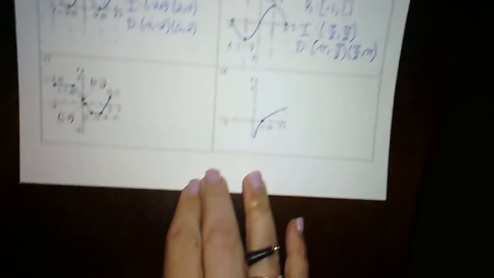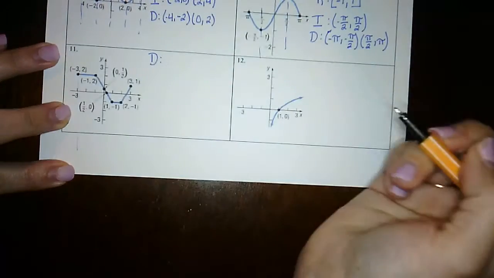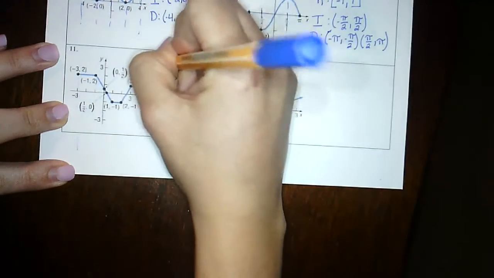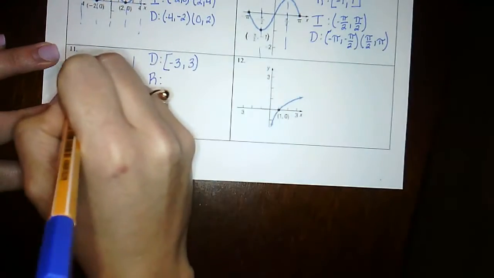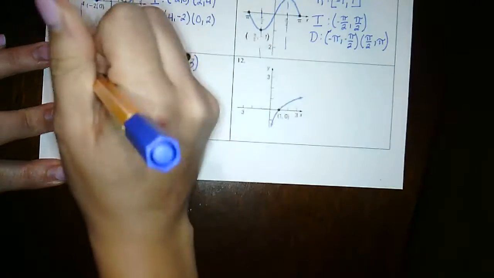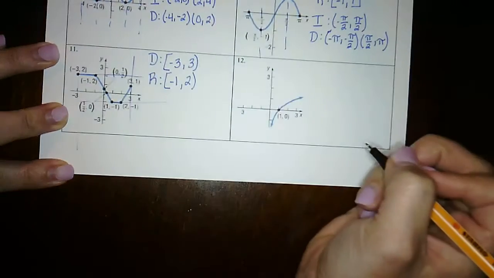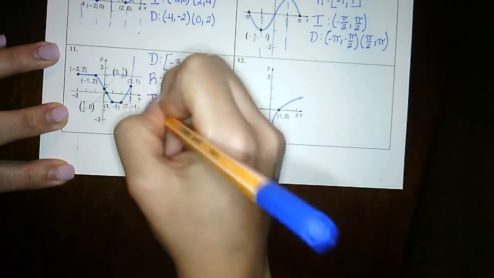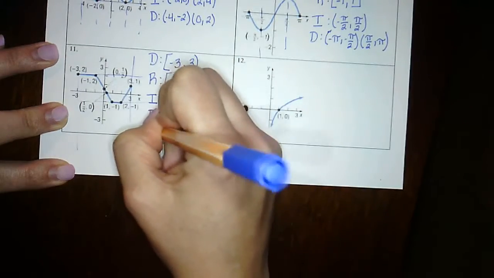Let's look at number 11, and then it's your turn. Domain again: farthest x value, which is -3, to the other farthest one, which is +3. Range, bottoms up. My lowest y value is -1. My highest y value is +2. And now increase, decrease, and we see we also have some constants.